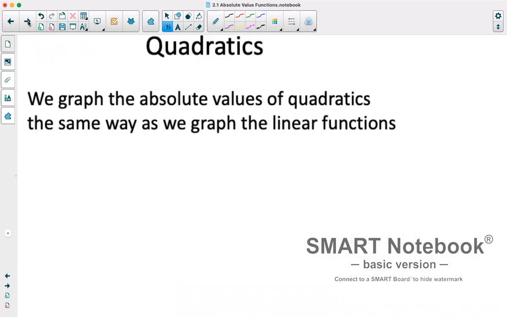Now we're going to go on to quadratics. Essentially, graphing them, we do the same way as we do with linear functions. So I'd still do the 3 columns. However, with quadratics, I tend to graph both the original and the absolute value function.